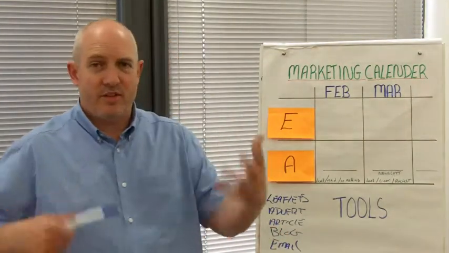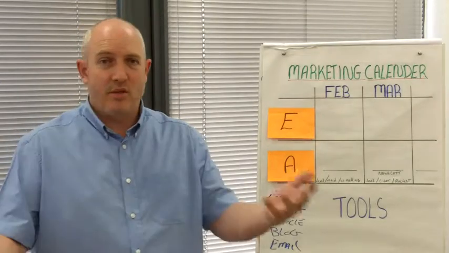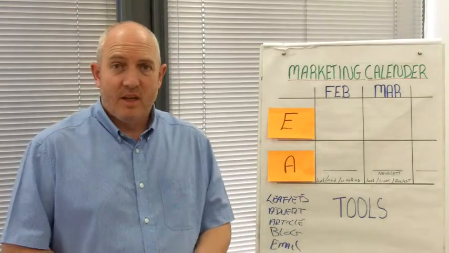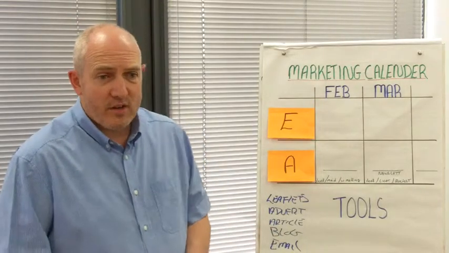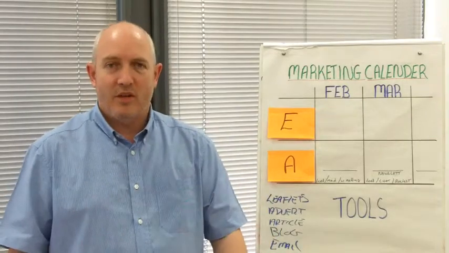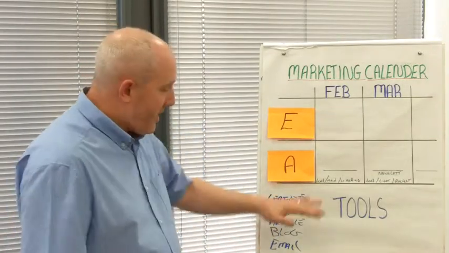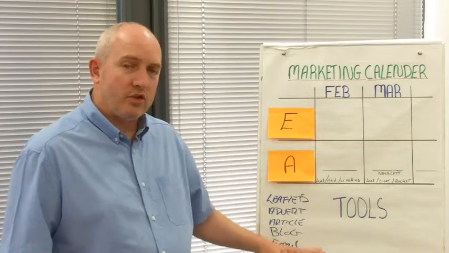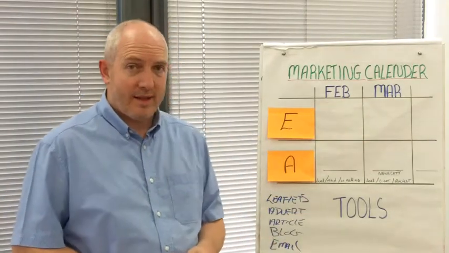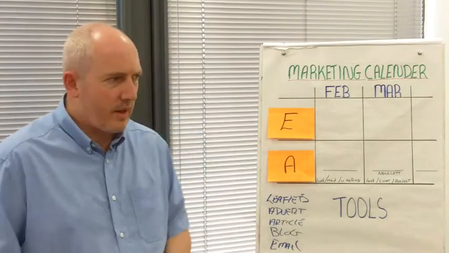I'm sure there's other things that you would think about as well. You may use radio advertising or billboard advertising. You may have signage that you would put up in your local cricket club. Whatever your marketing tool is, you need to know what you're going to have available to you to use when you're looking at your marketing calendar. Hope that's starting to come together for you.